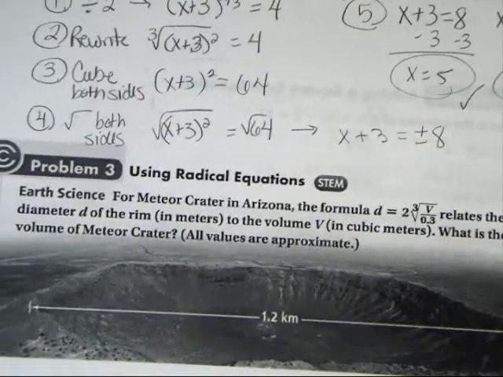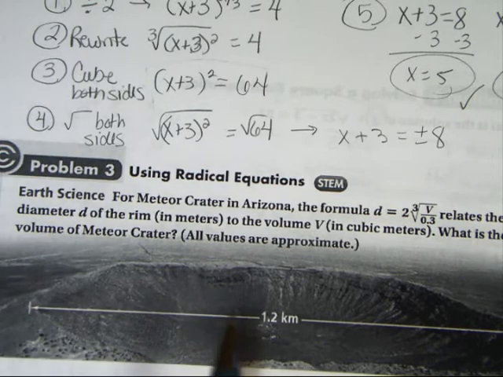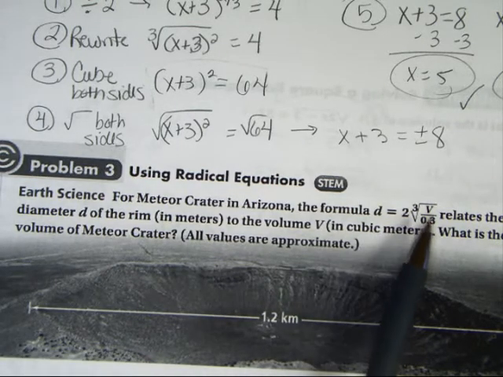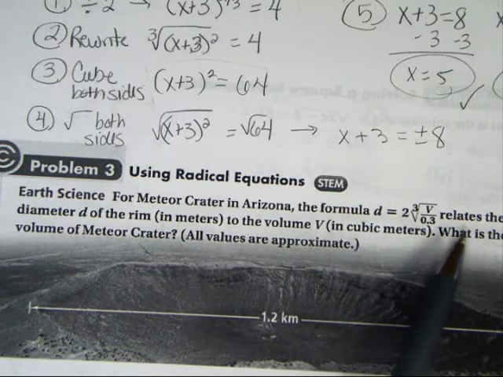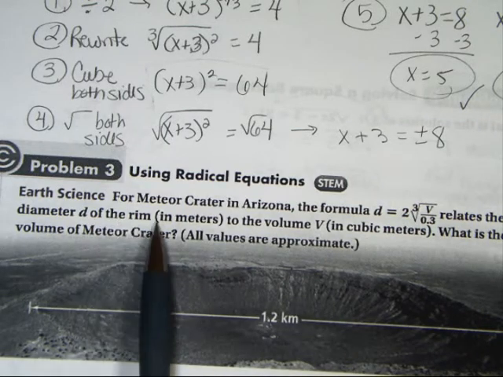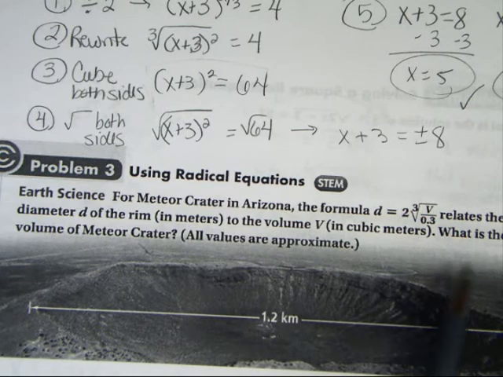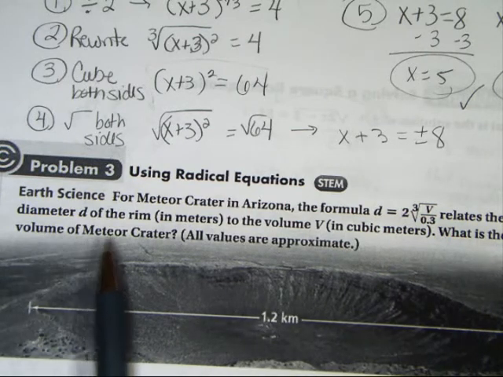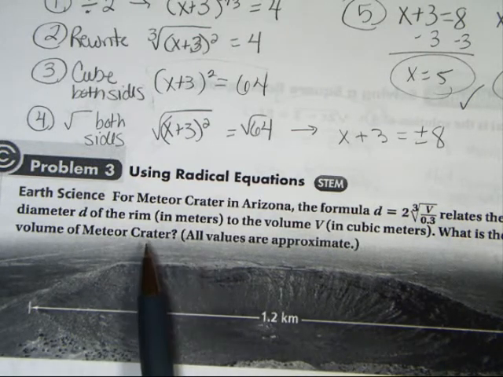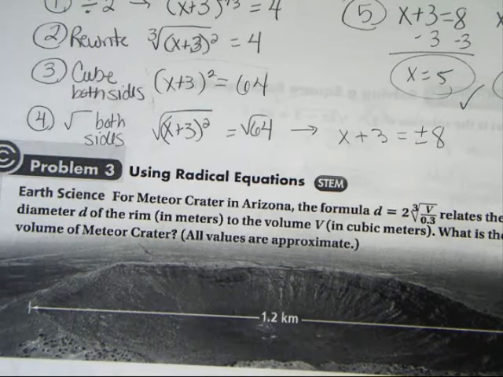Problem 3. For Meteor Crater in Arizona, the formula d equals 2 times the cube root of the volume over 0.3 relates the diameter of the rim to the volume in cubic meters. What is the volume of this meteor crater? All values are approximate.